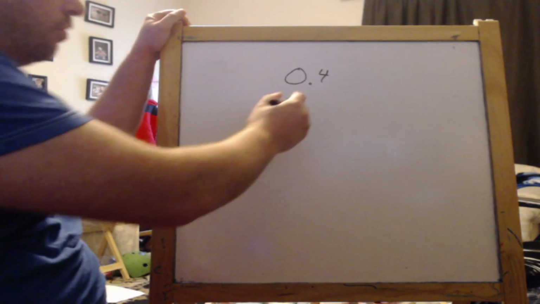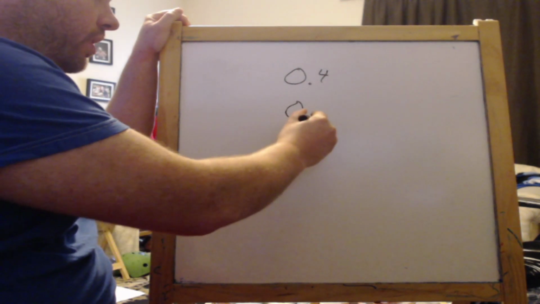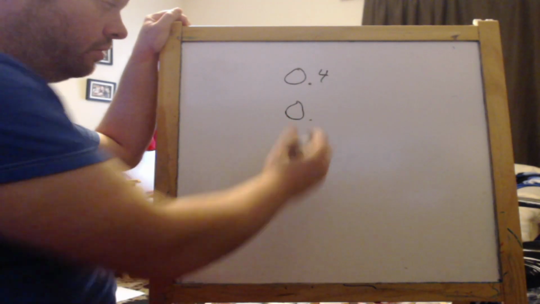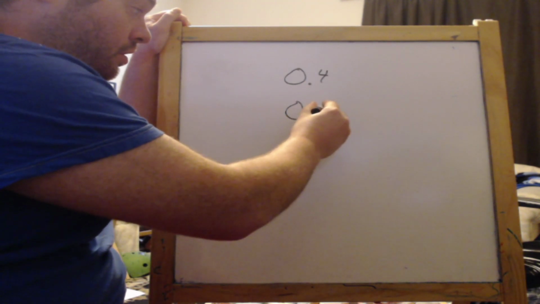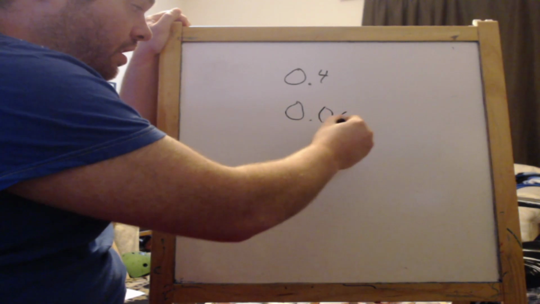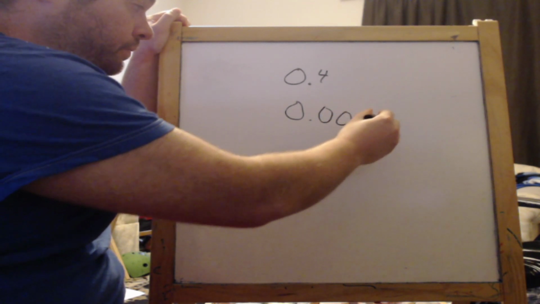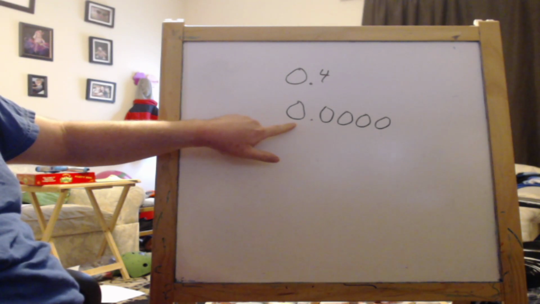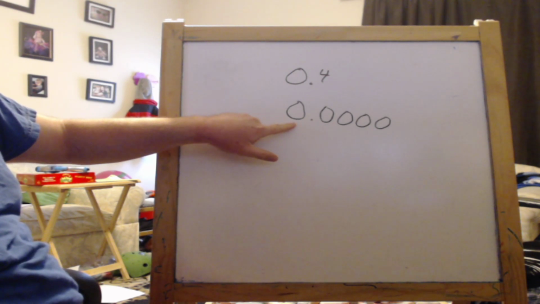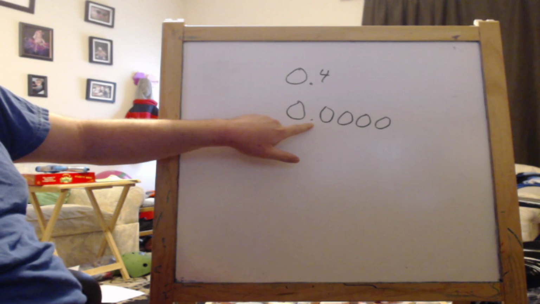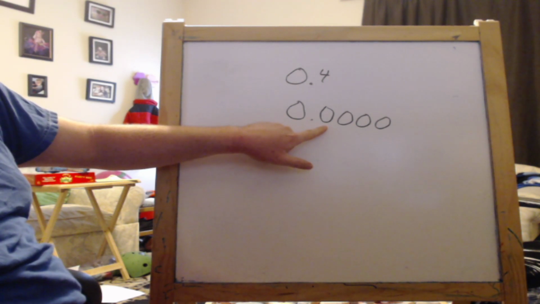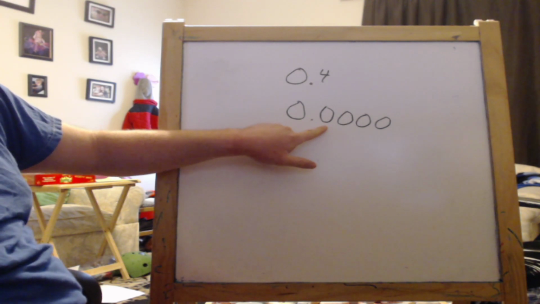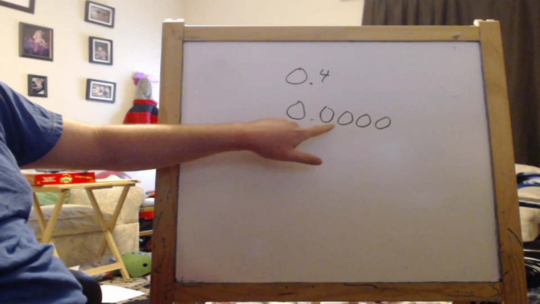Okay? So when we are doing a decimal, this is the ones column of a regular number. The decimal goes after the ones column, and the first number would be tenths.